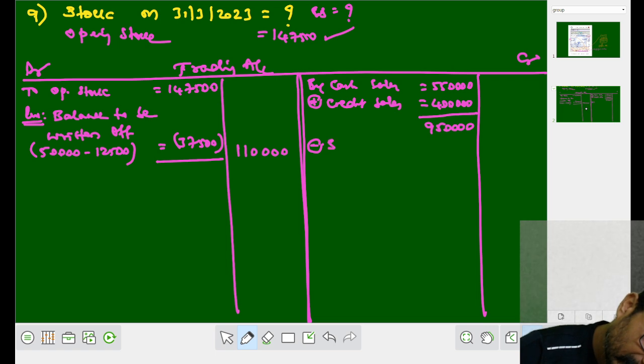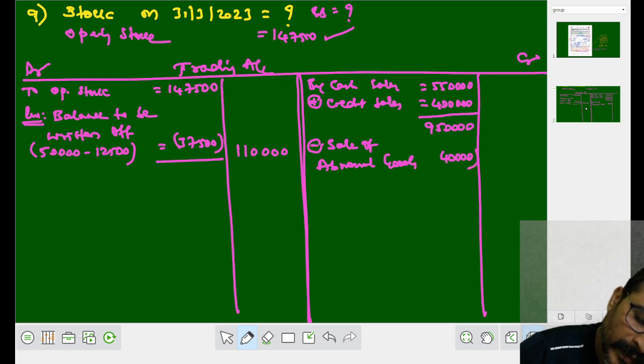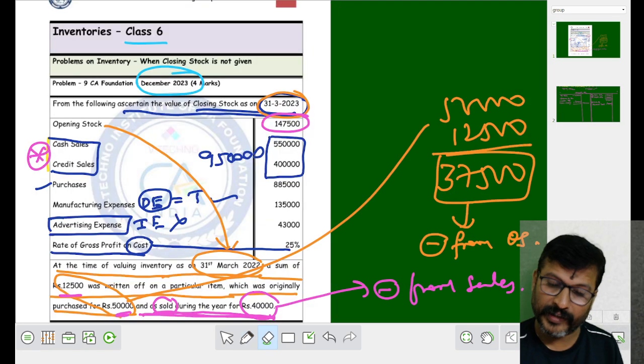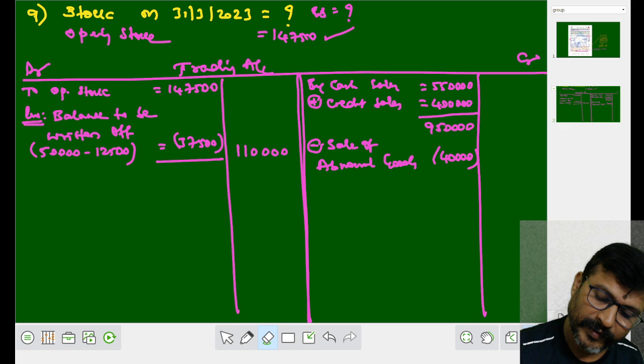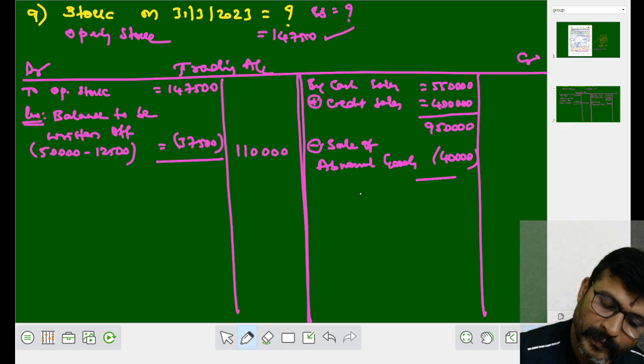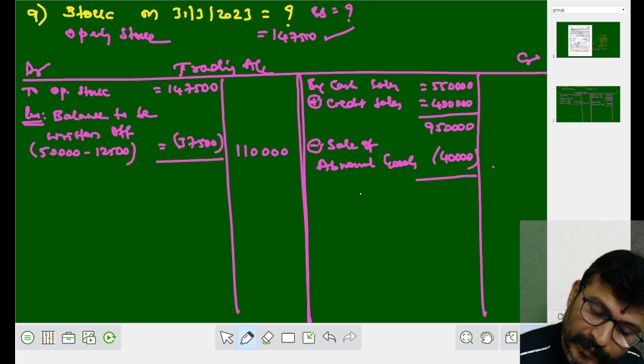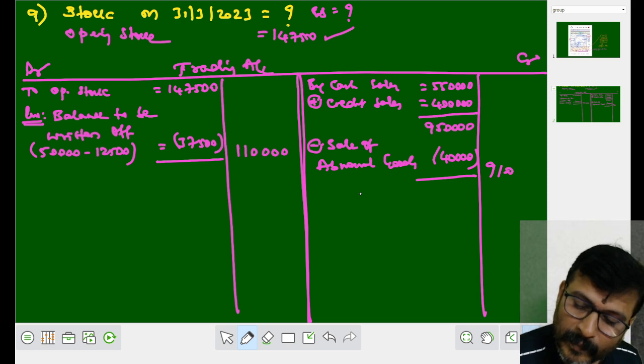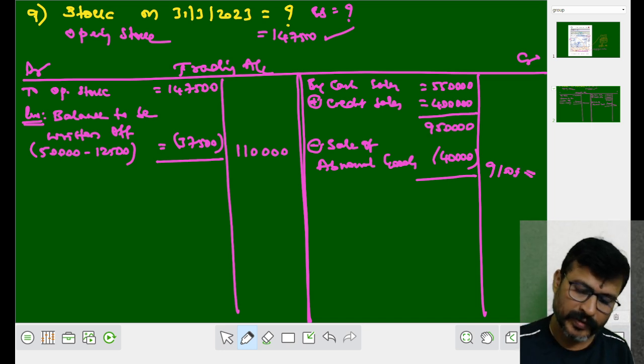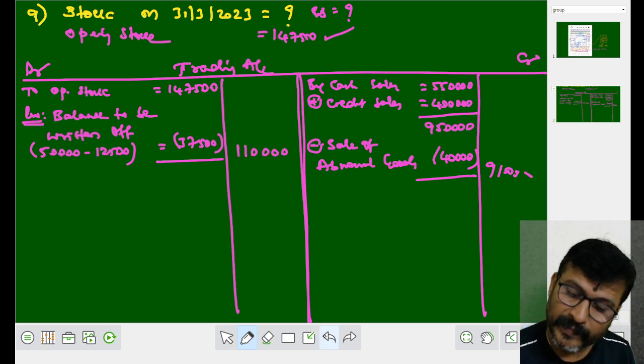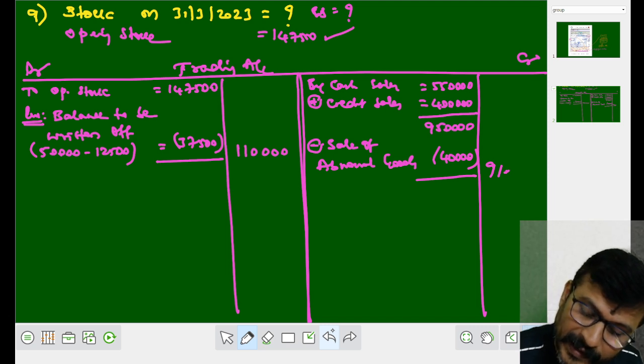Less sale of abnormal goods. How much is it? 40,000. After subtraction, we will get 9,10,000, an amount of rupees 9,10,000.